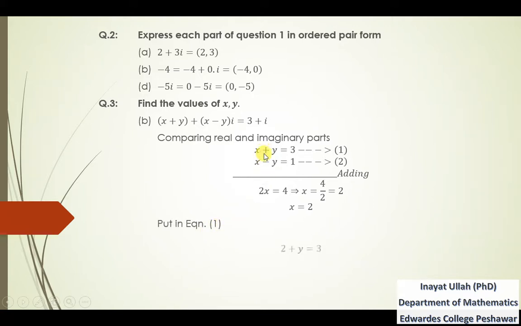So replacing x by 2 in equation 1, 2 plus y is equal to 3, and hence y is equal to 3 minus 2, so y is equal to 1. So the solution is x is equal to 2 and y is equal to 1. That is how we find the values of x and y. We are going to compare real and imaginary parts on both sides of the equation.